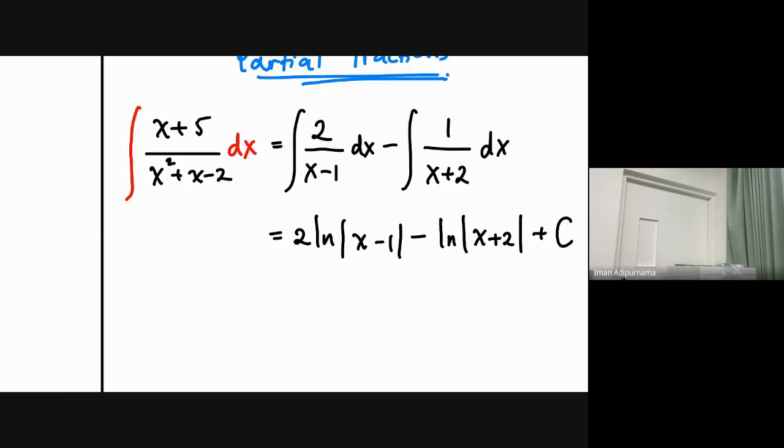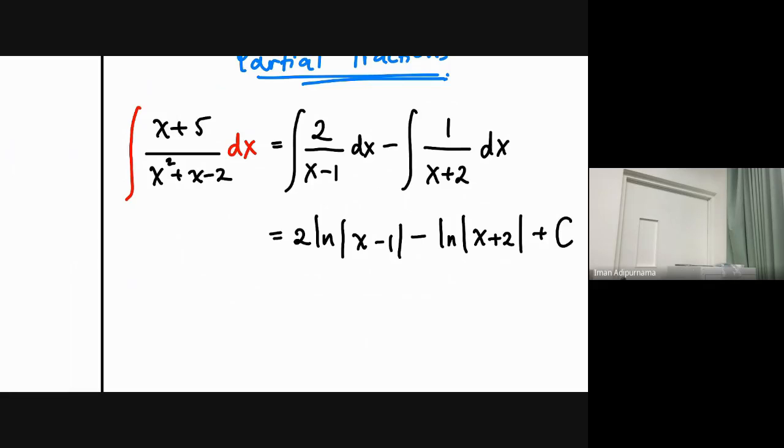That's one thing. And also, if it is not as easy as this one, but you can still factorize and make it more separated, you can also use this idea.